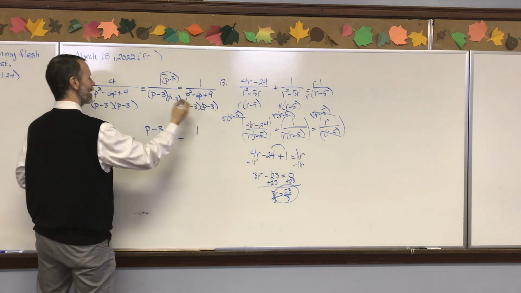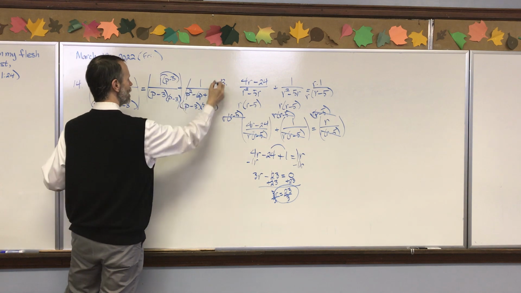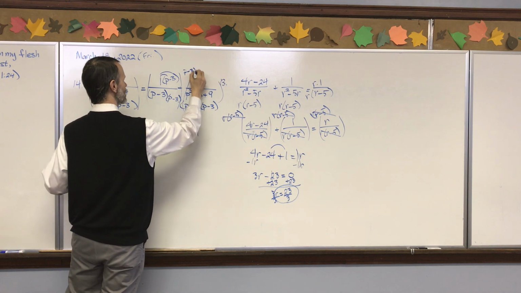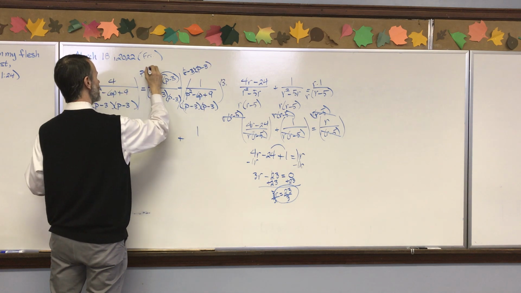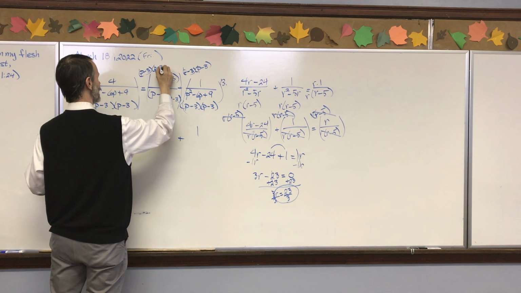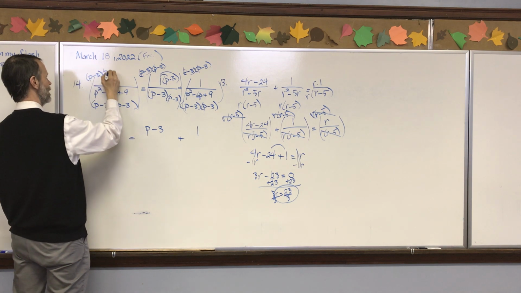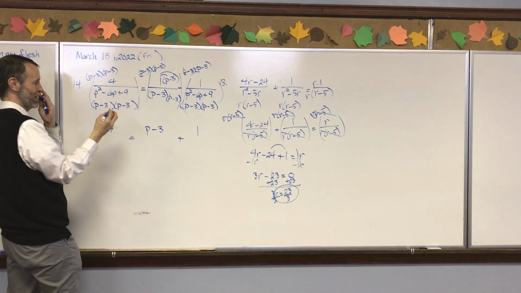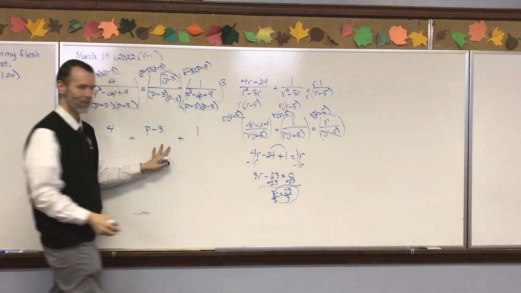You're going to multiply this, this, and this by P minus 3, P minus 3. If you can just do it in your head, great. Cancel, cancel, cancel. This is all that's left.